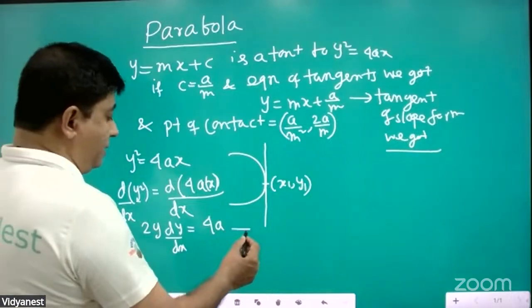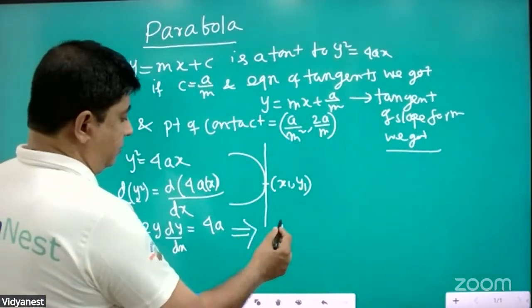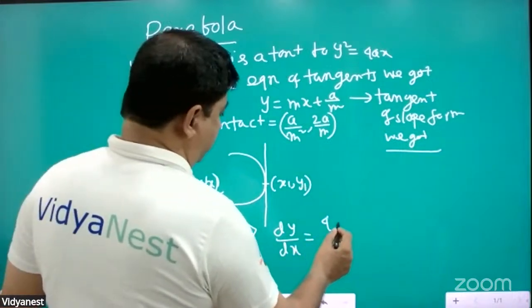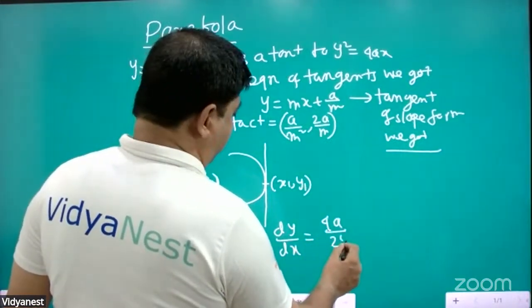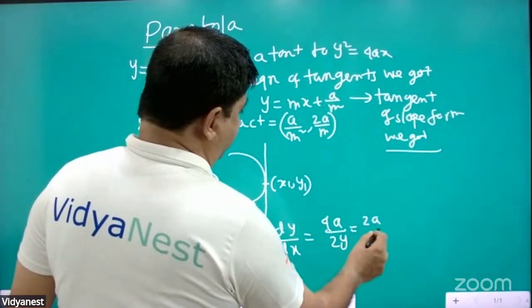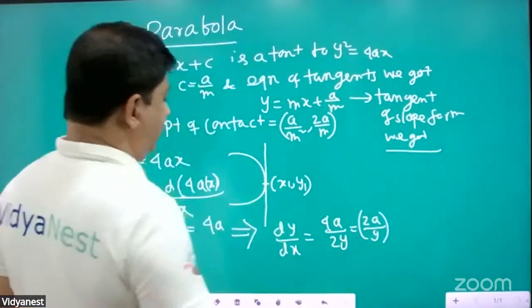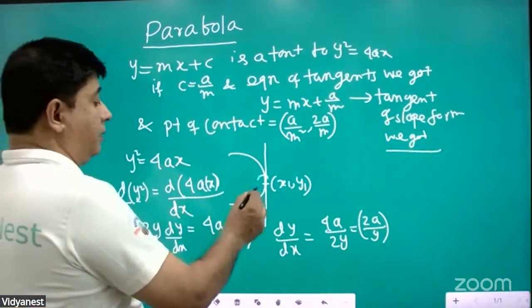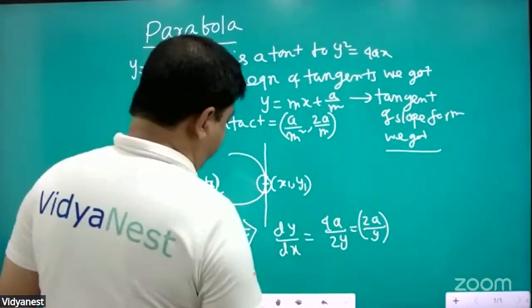So that implies dy/dx = 4a/2y, that is 2a/y. Now at which point are we going to find the slope? At (x1, y1).